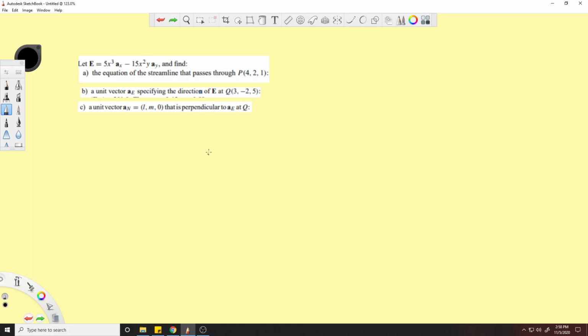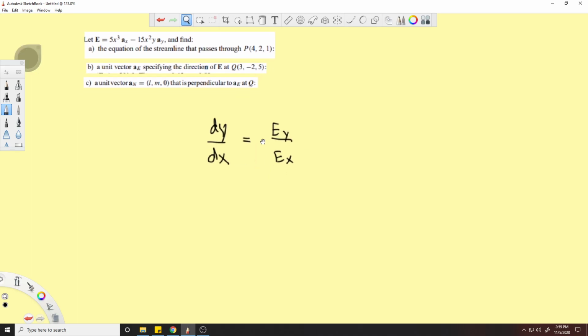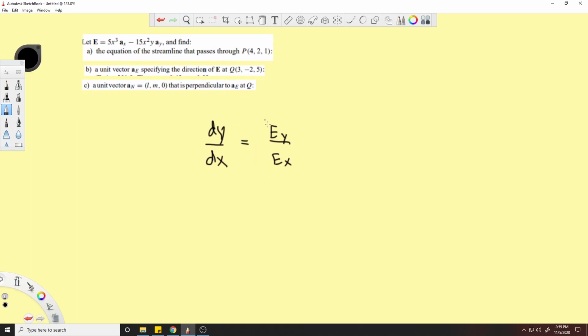the equation dy/dx is equal to Ey/Ex. This is just by geometry, because this is the y component over the x component. It's like the tangent of the function.